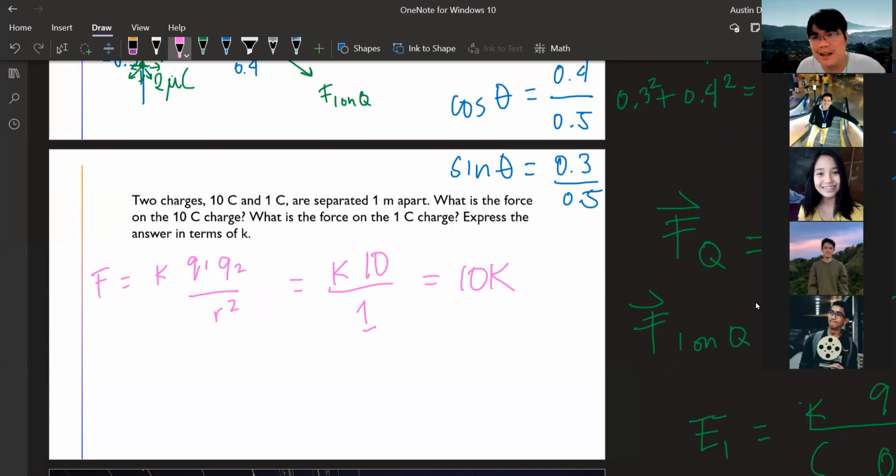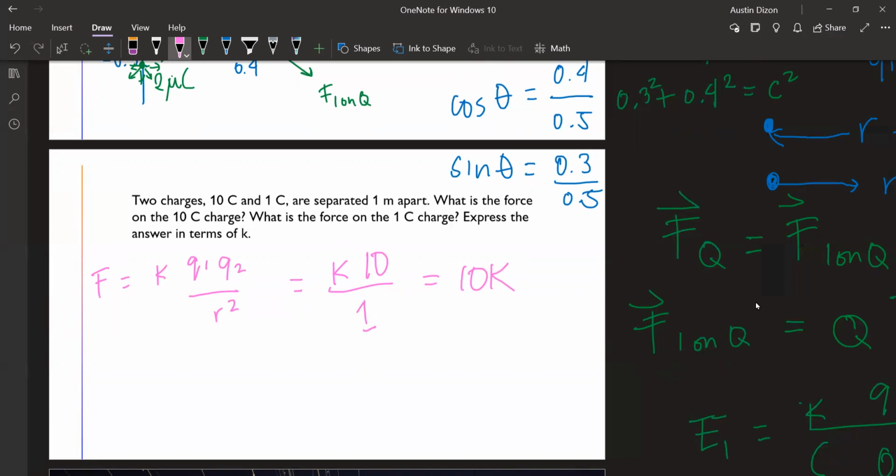Sino pa? Dalawa pa. Si Christiana, are you there? Yes po. Okay, what is the force on the 10 coulomb charge? 10K? Okay, sige. Okay. Last one.